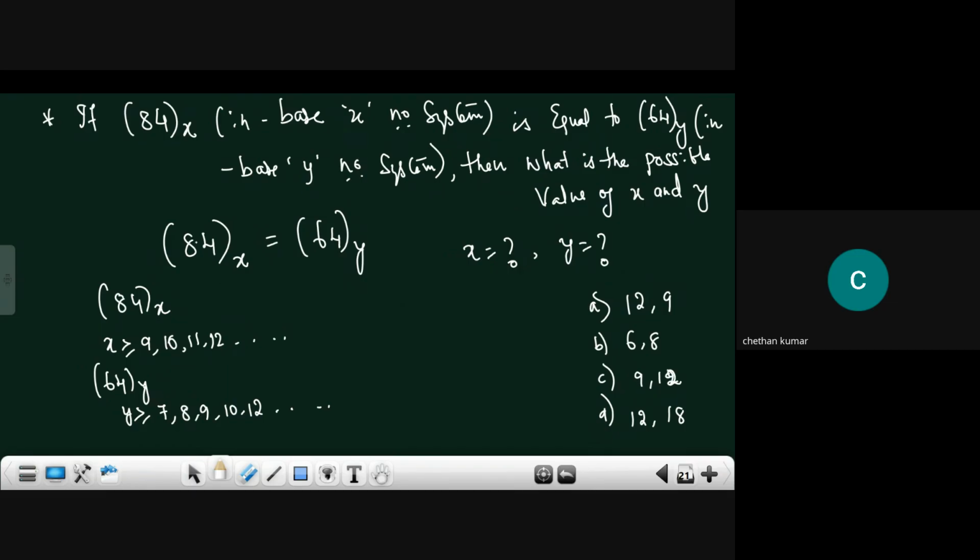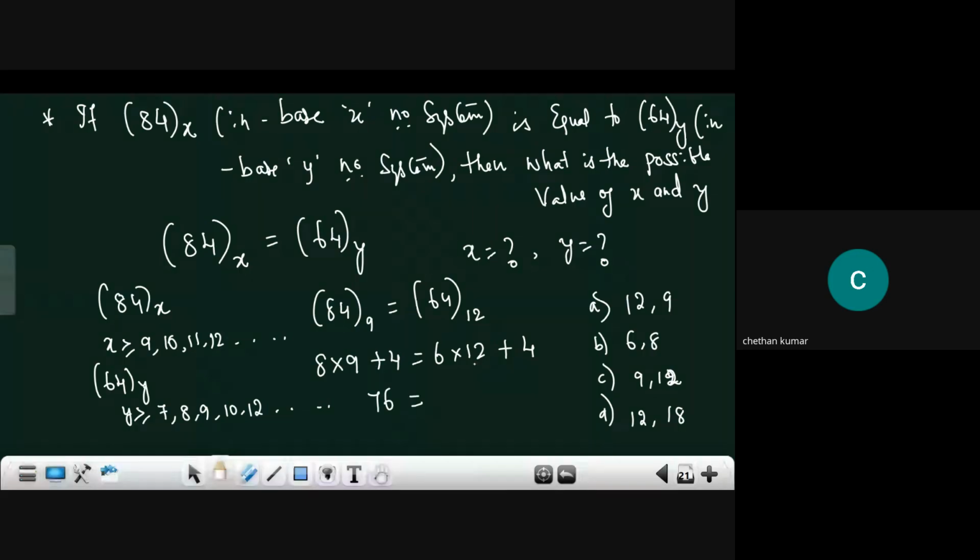Now what he is saying is that if you choose the x value and y value and put them here, this 84 is equivalent to 64. What value should I select? 84 of 9 is equal to 64 of y equals 12. You can write 8 into 9 plus 4 is equal to 6 into 12 plus 4. If you convert this into decimal, 8 into 9 is 72 plus 4, 76.